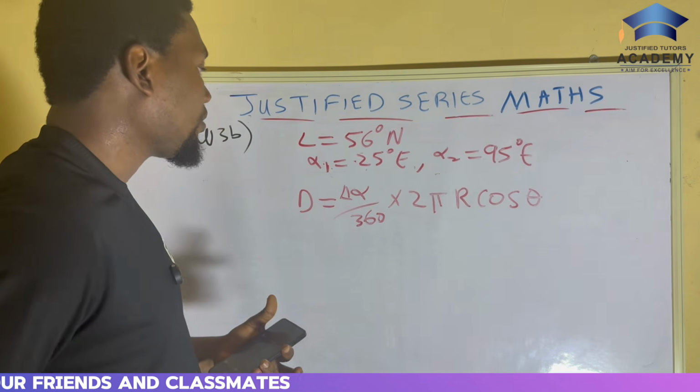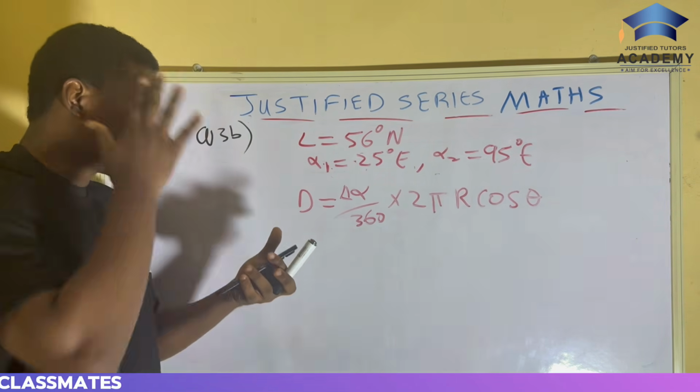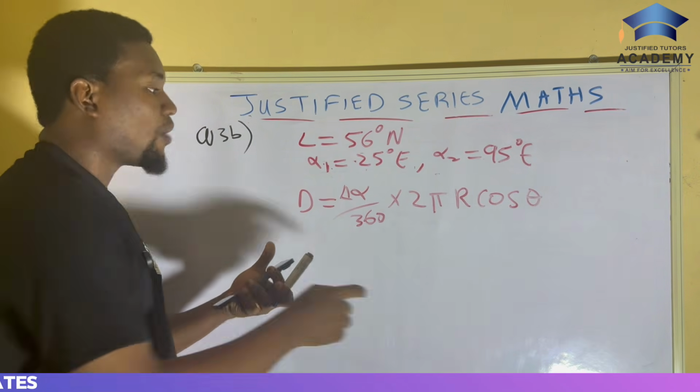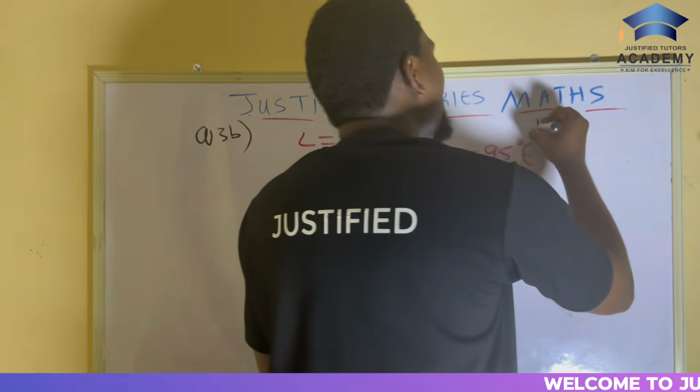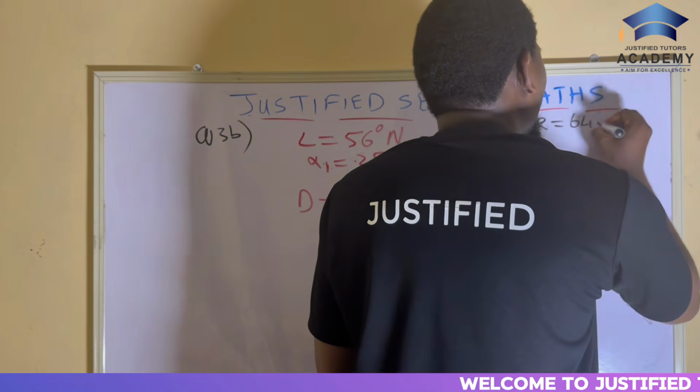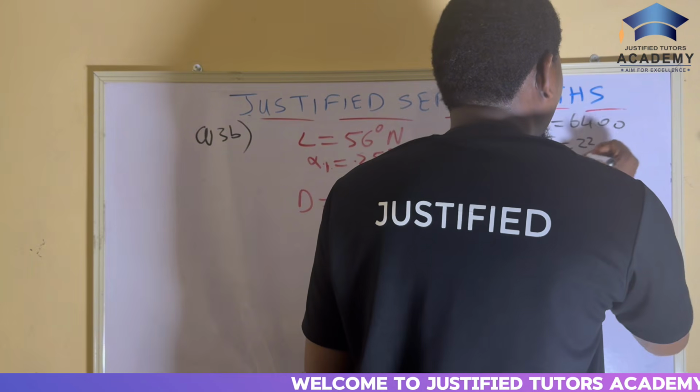Now, black marker now. So, this formula we're using. Now, without wasting much time, we were told that our big R is 6,400. So, I'll write it here. Big R is 6,400. And they said that our pi is equal to 22/7.